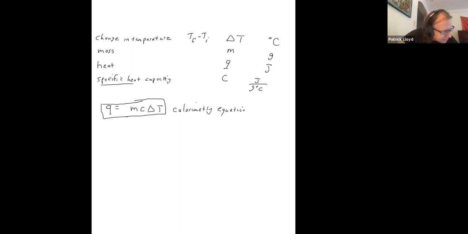Now, for the Burge textbook, they're going to write it this way: Q equals S times M times delta T, where S is equal to the specific heat. That's the only real difference.